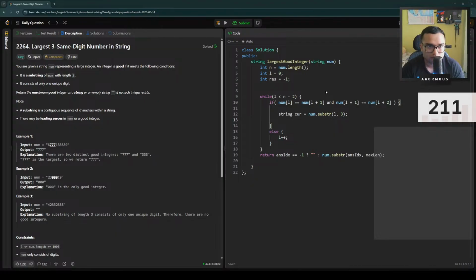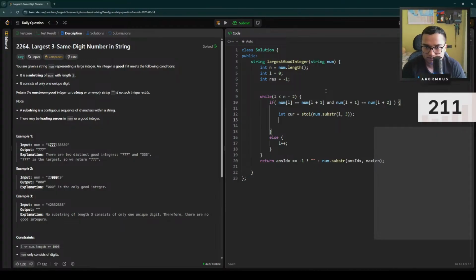Okay, string to int in C++, stoi. If current is greater than res, then res equals current.